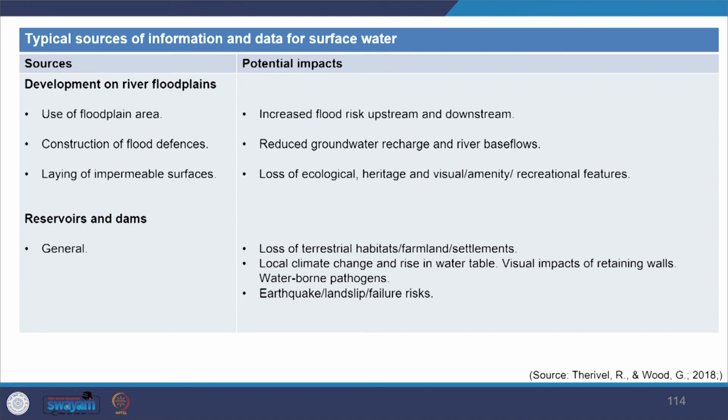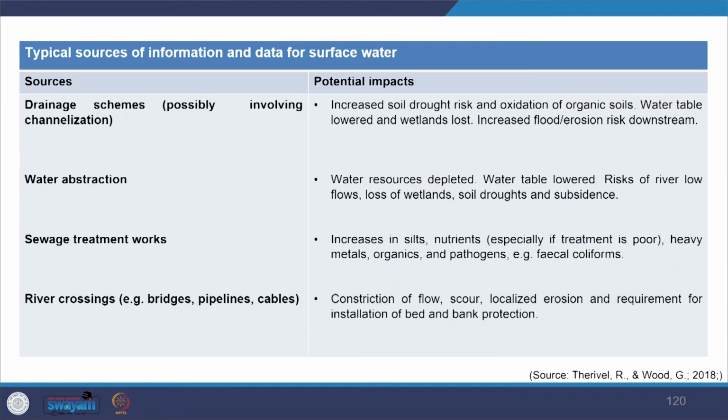Other direct sources include reservoirs and dams on streams, and above-dam siltation. The impacts include loss of river section and changes in the flow regime.